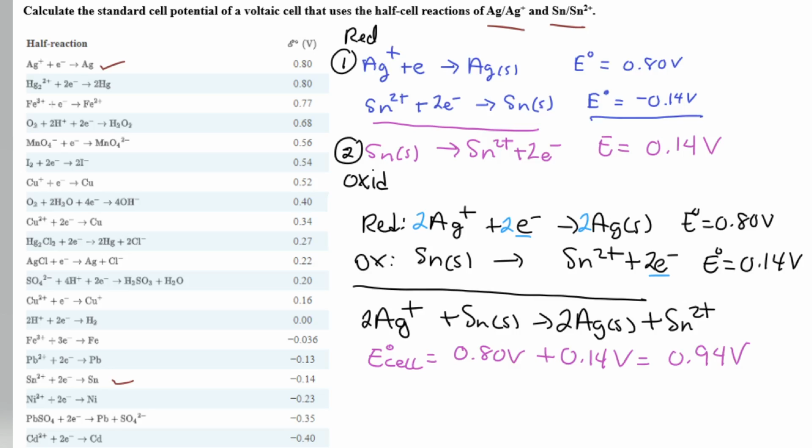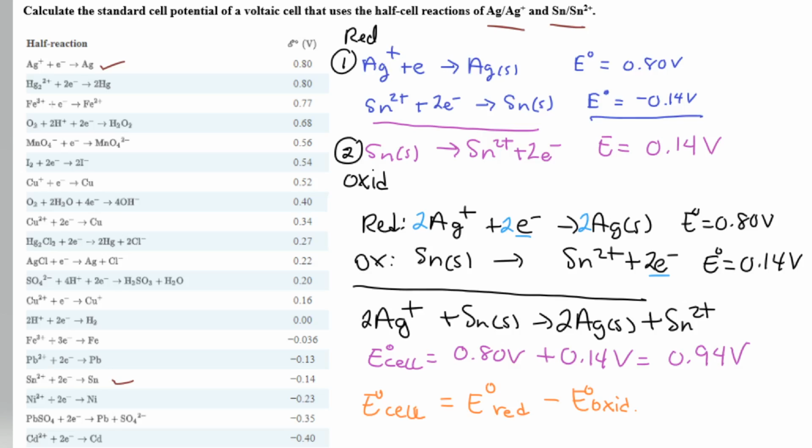So this is the way that I was taught, and it makes more sense to me personally. But you can technically do it one other way that I'm familiar with, at least. And we can write our E cell as the reduction minus the oxidation.